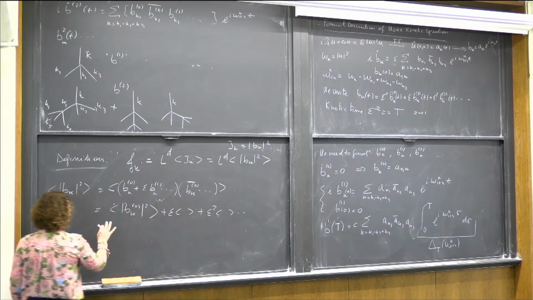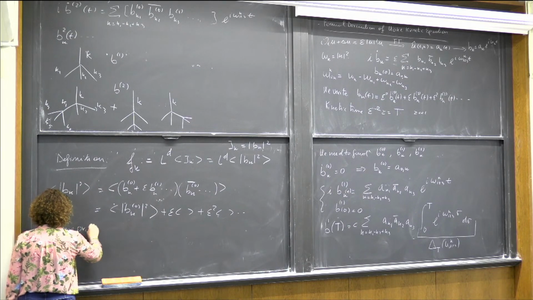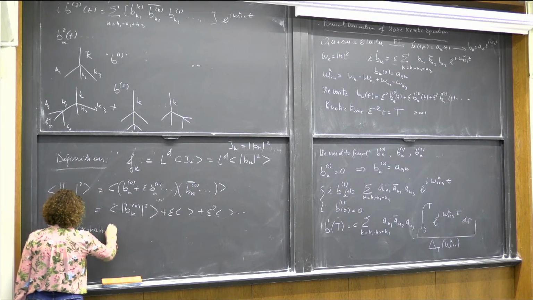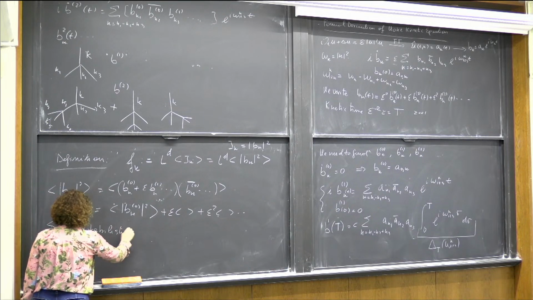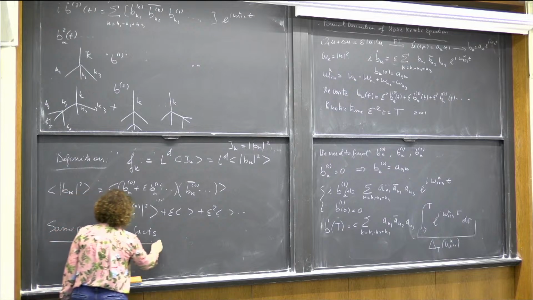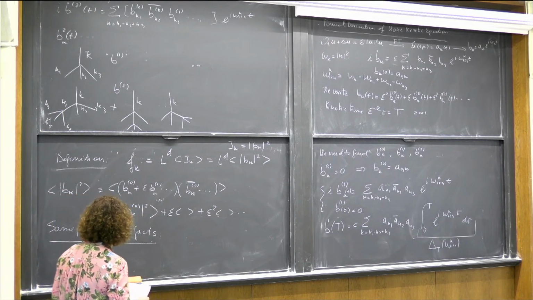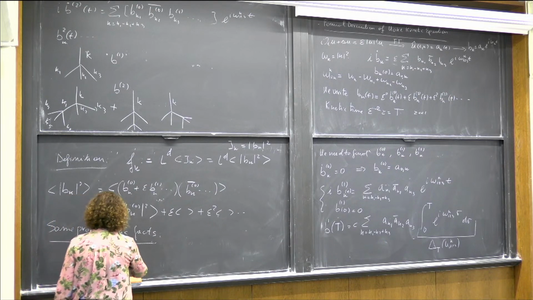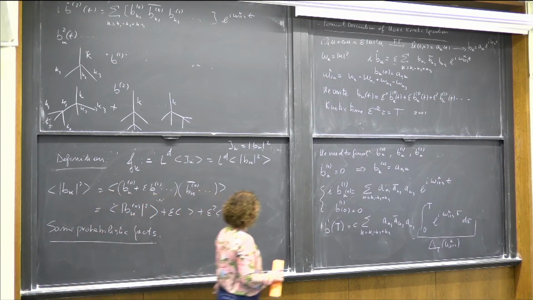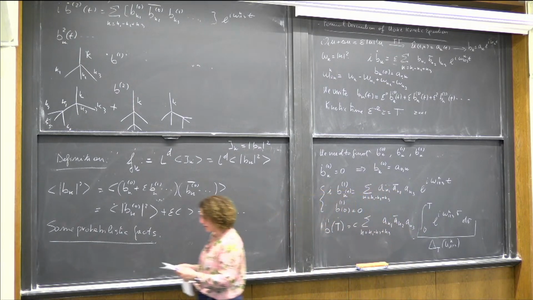So some probabilistic ideas, okay? Facts, let me call it facts, just for you to have an idea. By the way, what I'm going to write down works a lot easier if you have a quadratic nonlinearity instead of a cubic nonlinearity. But I just want to give you a sense of what happens here.